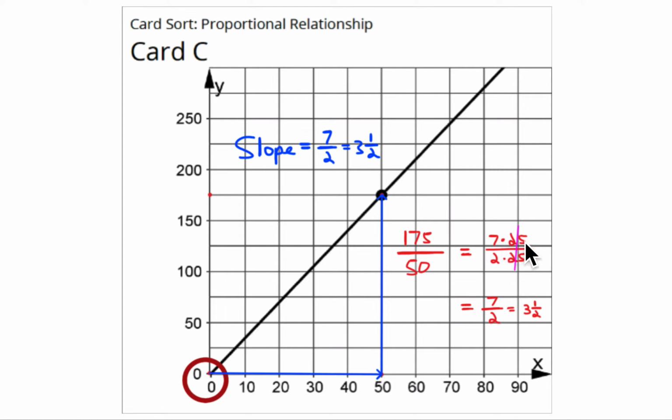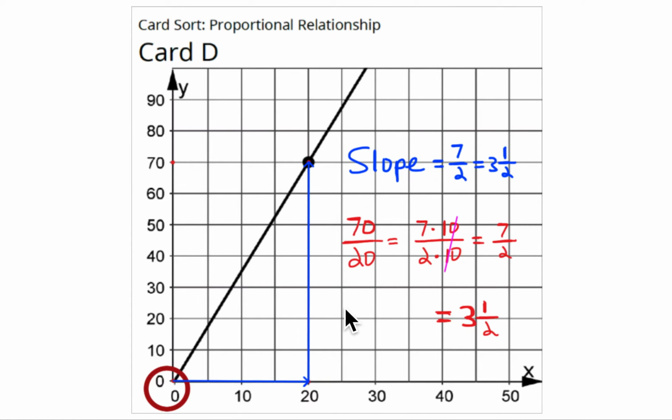So 7 quarters is equal to $1.75 or 175. 2 quarters is equal to 50 cents, or 2 times 25. The 25 over 25 cancels. That's equal to 1. So you're left with 7 halves. So the value along the y-axis is 7 halves times the value along the x-axis.